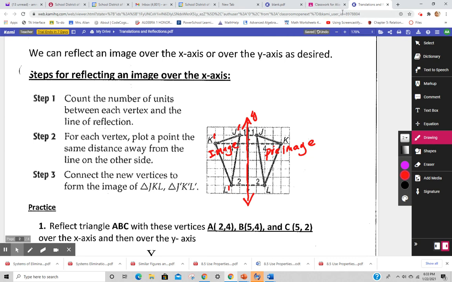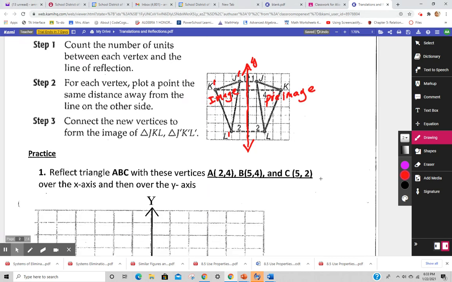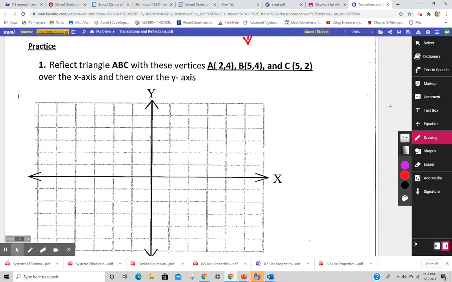All right, so let's go ahead and work on this. So we have triangle ABC. Let's plot the points. So right 2, up 4, right 2, 1, 2, up 4, 1, 2, 3, 4. So this is A. Right 5, up 4, right 5, 1, 2, 3, 4, 5, and up 1, 2, 3, 4.